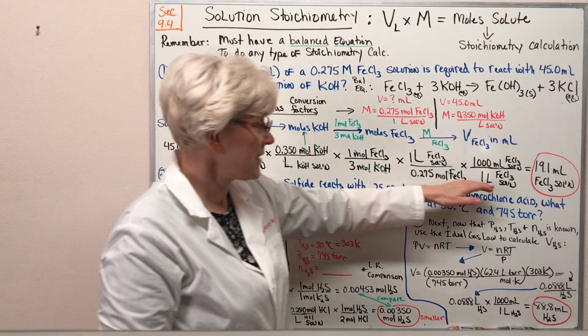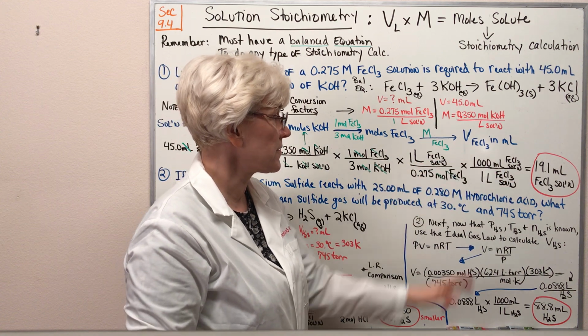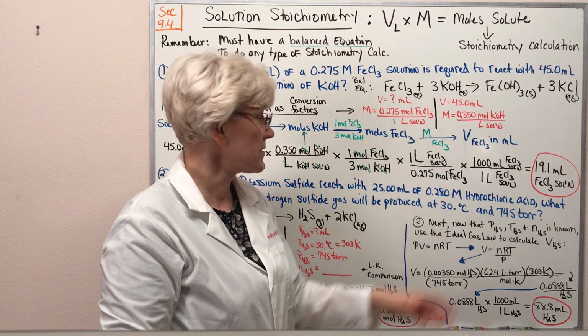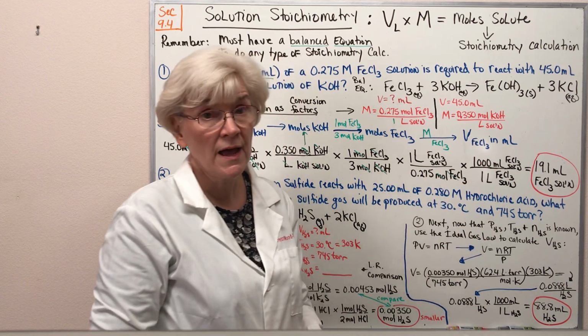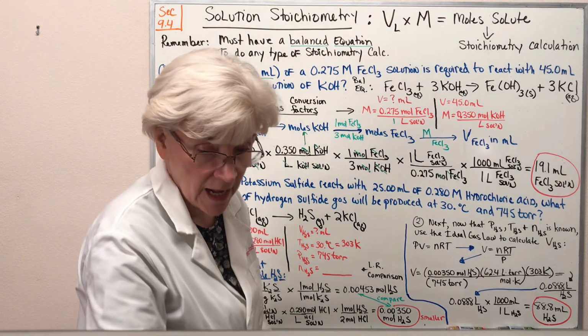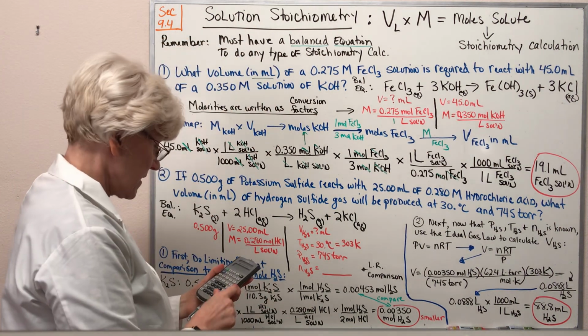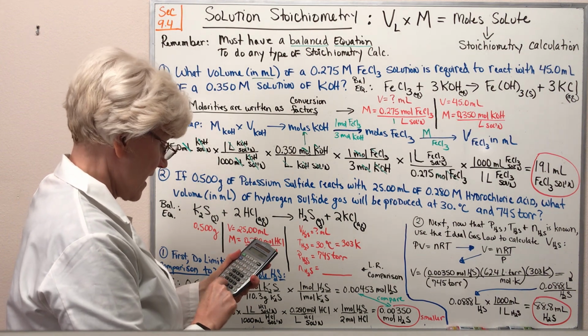So it's one final step in the setup, converting from liters of iron(III) chloride into milliliters of iron(III) chloride solution using the relationship 1,000 milliliters is equivalent to 1 liter. Stopping and checking our answer to make sure we confirm the calculation.